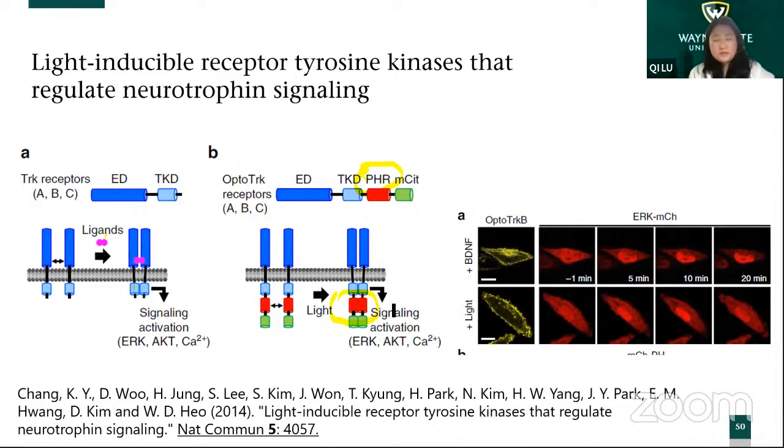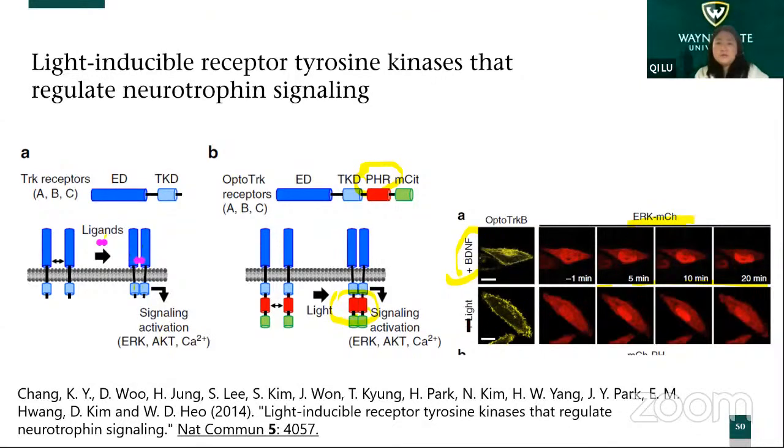Oh no, I'm sorry, this is a kinase signal pathway activation. After providing the ligand, BDNF, and with the different lights, this ERK-mCherry signal will be activated and located into the nucleus.